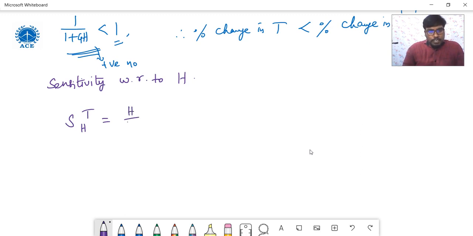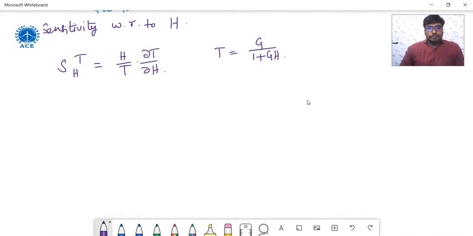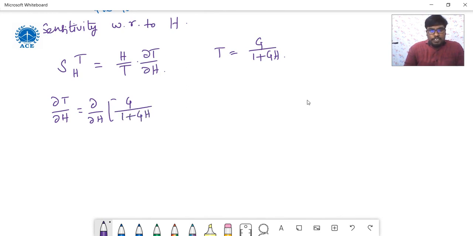We have H by T into dou T by dou H, where overall gain is equal to, we know, G by 1 plus GH. Okay, so let us solve this. First of all I want to know dou T by dou H, which is nothing but dou by dou H of T. T is what here? Overall gain, G by 1 plus GH. Okay, our system consists of negative feedback, that's why 1 plus GH, right?